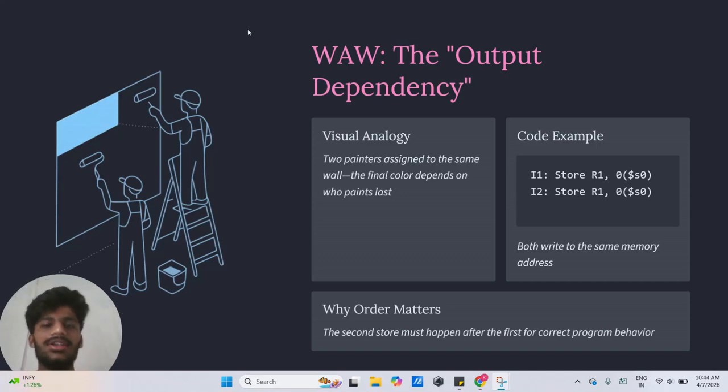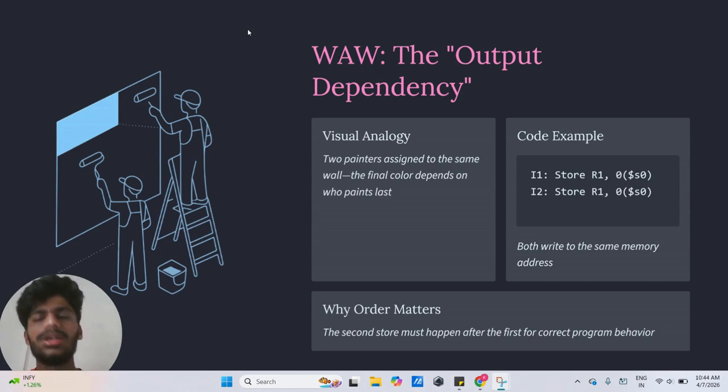Let's start with our next slide, which is WAW, the output dependency. So I will begin with WAW dependency, also known as write after write. WAW occurs when two instructions write to the same register or memory location, and the final result depends on the order of execution.